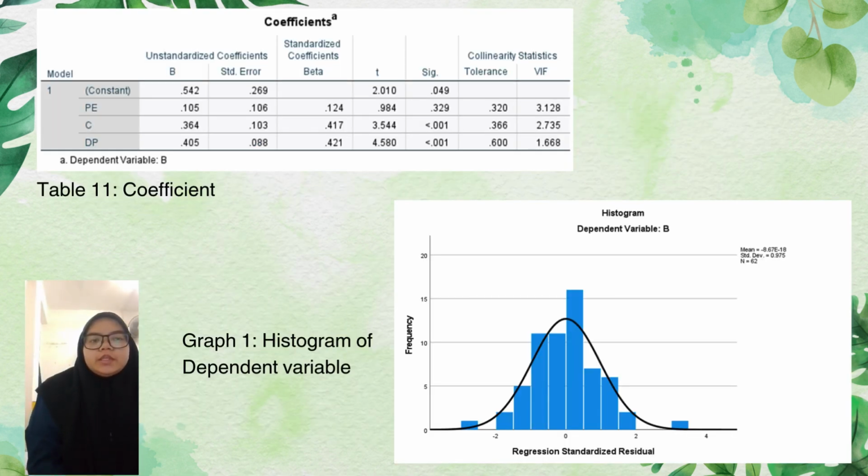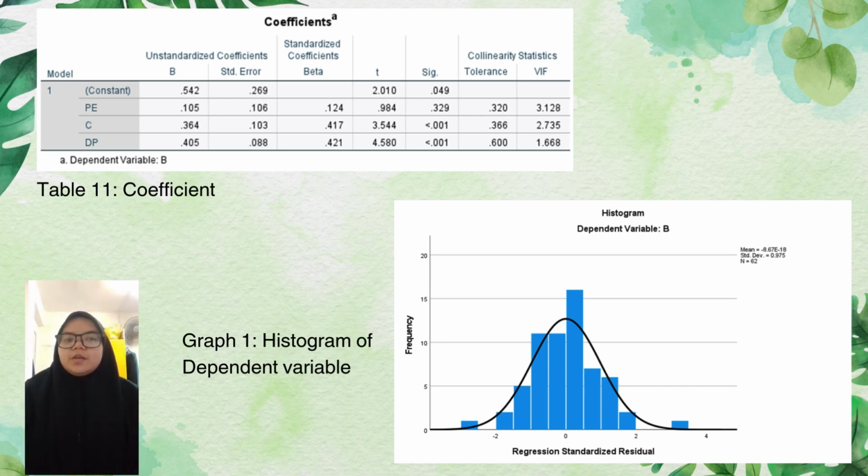The next one is the coefficients table. Depending on the table below, it shows coefficient values that include unstandardized B, coefficient standard error, standardized coefficient beta, T, Sig, and collinearity tolerance and statistic VIF. This table also refers to the ANOVA table.